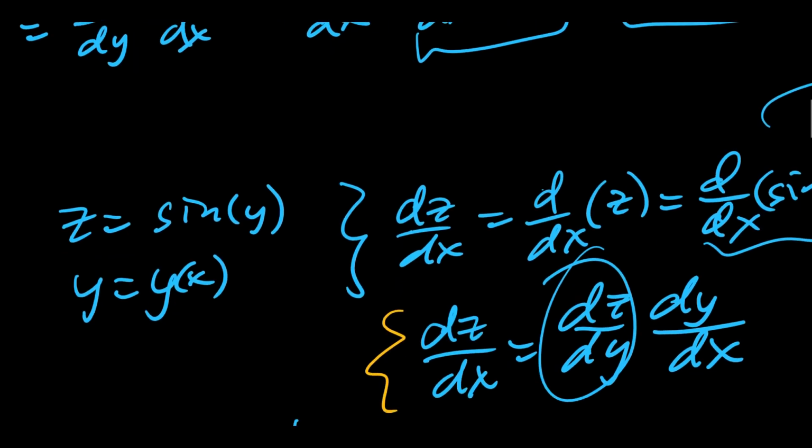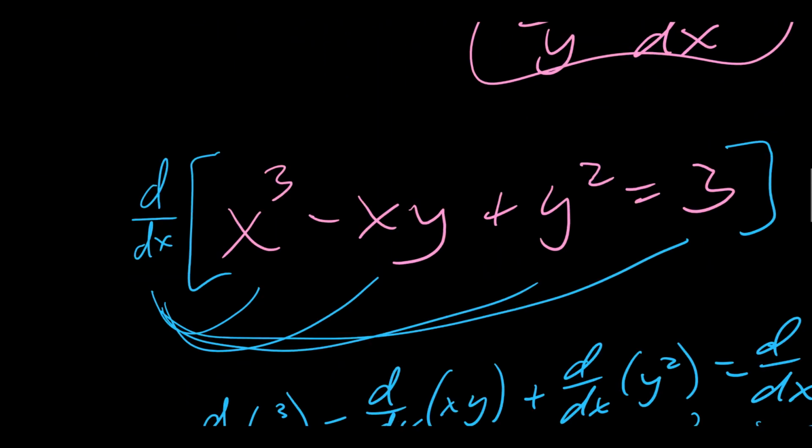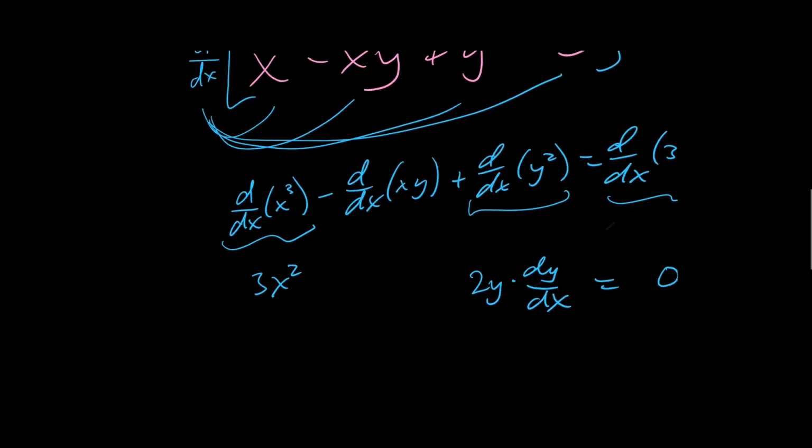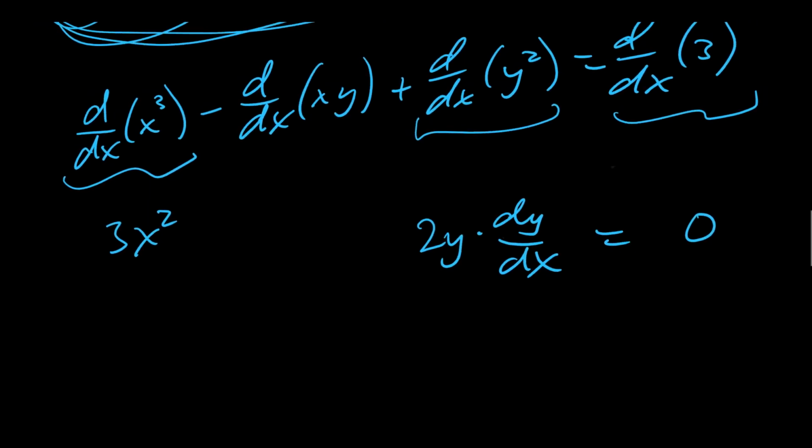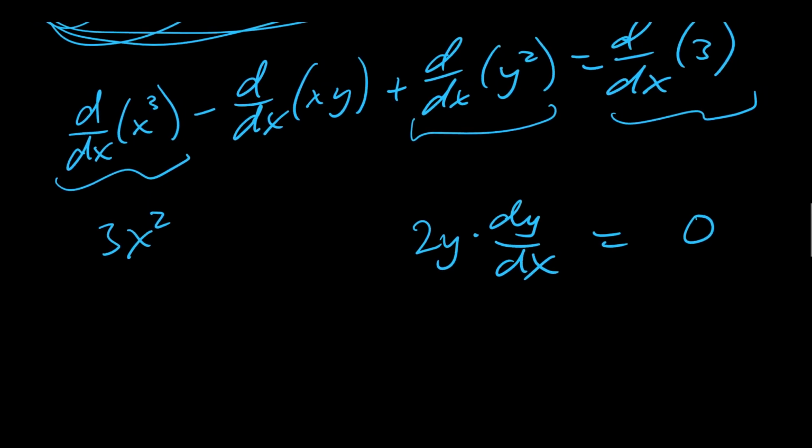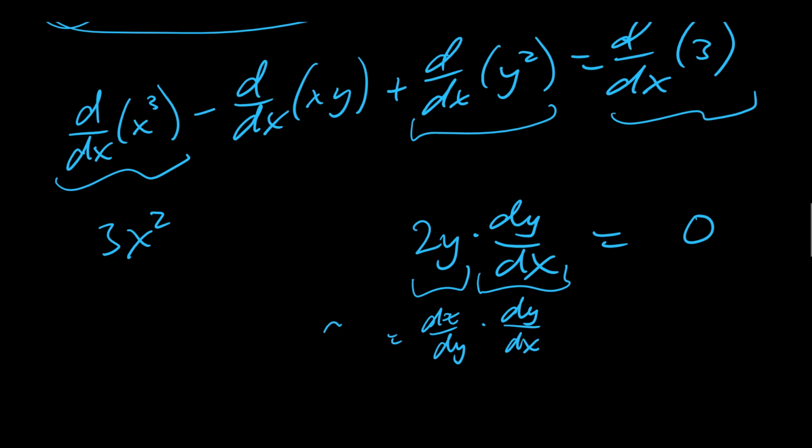So every time, basically it's like this: anytime you see a function that is in terms of y, and you're trying to find the derivative of it, you take the derivative with respect to y, and then you just write down dy dx. So this is the dz dy, and this is the dy dx. This is the chain rule: dz dx is dz dy times dy dx.